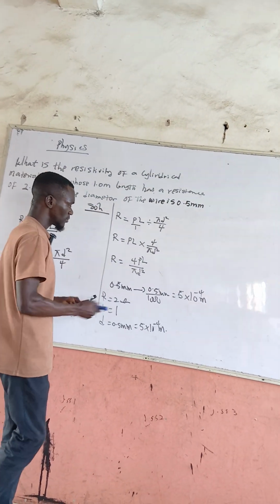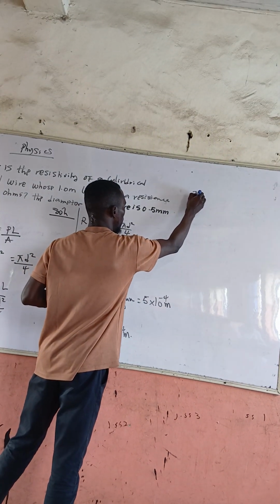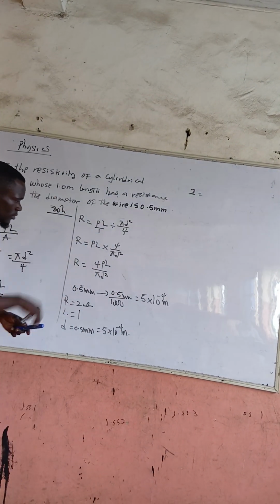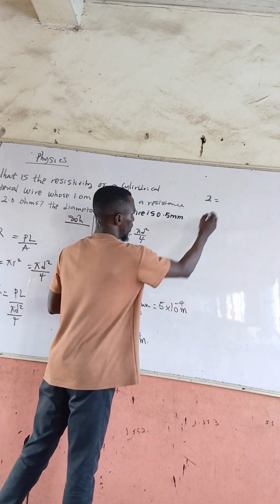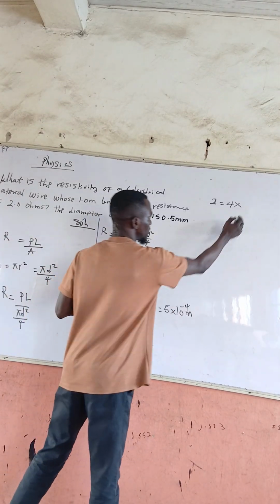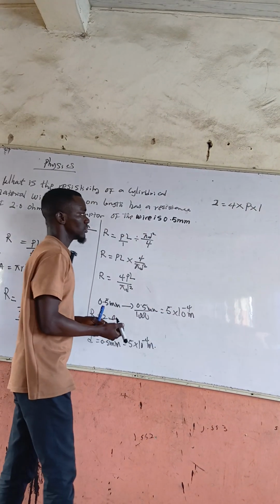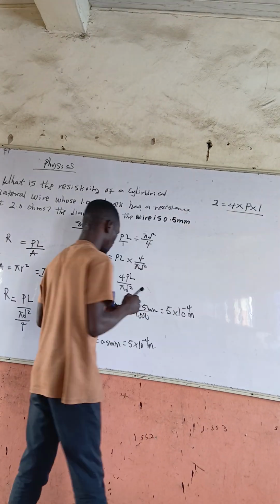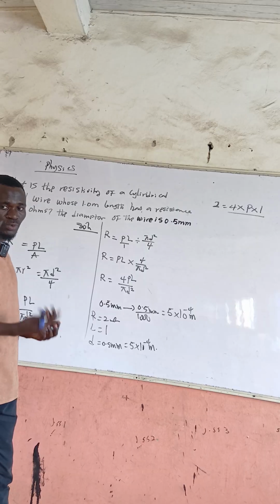Resistance is given as 2, which equals 4 times the resistivity, which is unknown and is what we have to find, times the length, which is 1, over pi. We take pi as 22 over 7 or 3.142.